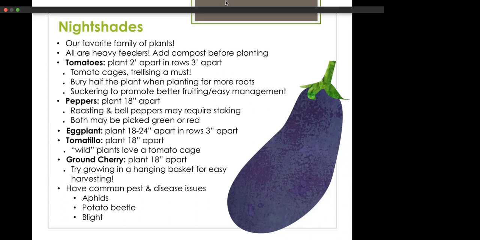Tomato plants, we recommend that they're planted at least 2 feet apart. Trellising is a must. Use tomato cages or the basket weaving method, and utilize your tomato stakes as well.